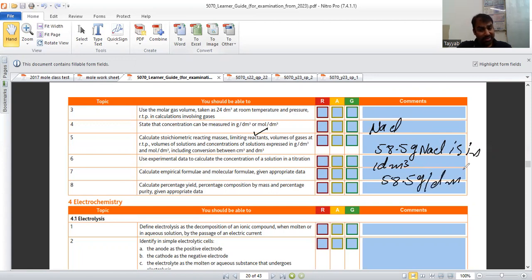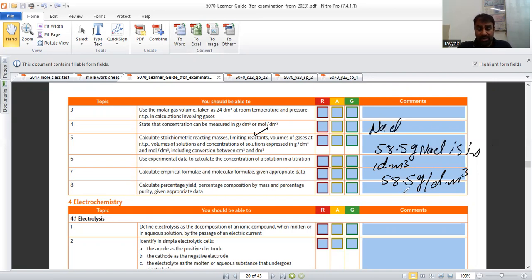Now the question is, sir, concentration is in mole per dm cube, how can you write this in gram per dm cube? Yes, concentration can be in gram per dm cube. This concentration is called mass per dm cube. You can convert this concentration to mole per dm cube. You have learned that we can convert mass into mole by dividing mass by its formula mass or molecular mass.